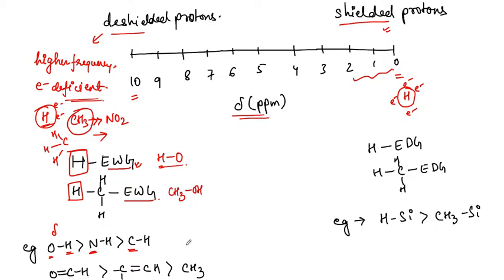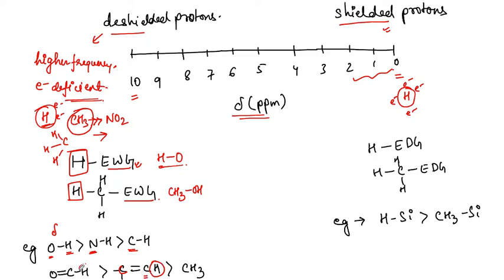We are going to see the values in a while. Also, if our proton is connected to an alkene carbon, and the alkene carbon is directly connected to another carbon, then it is going to be a particular value.